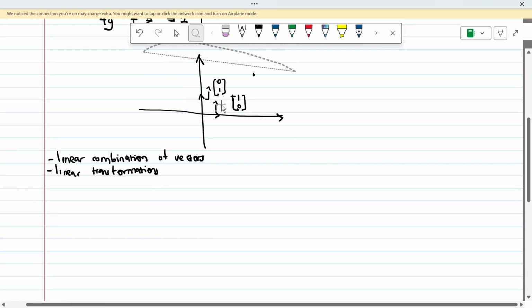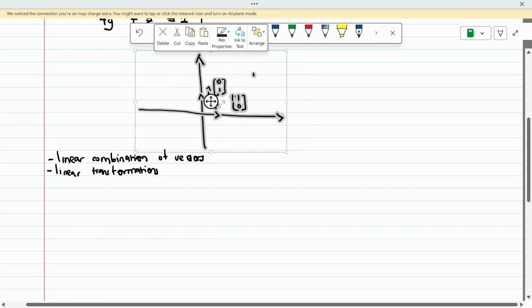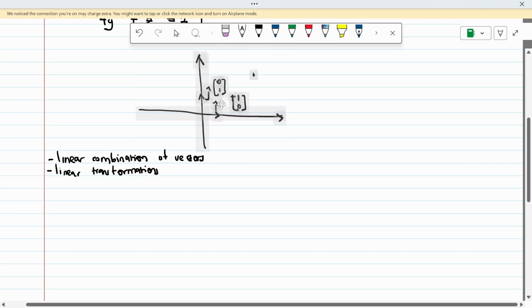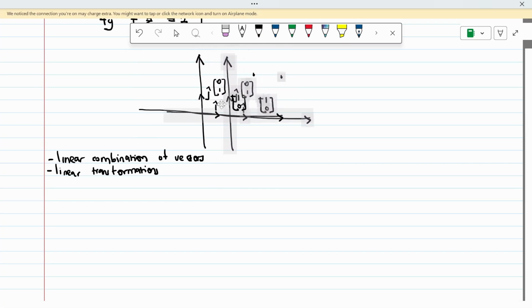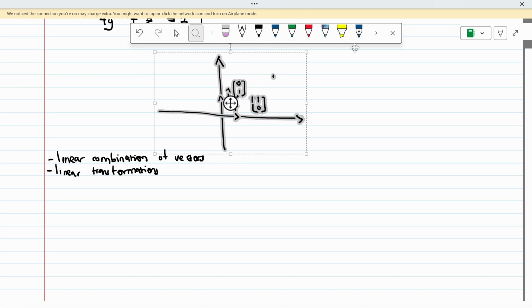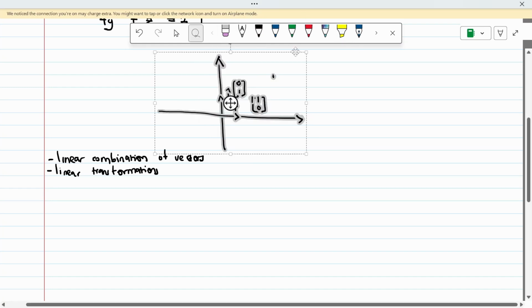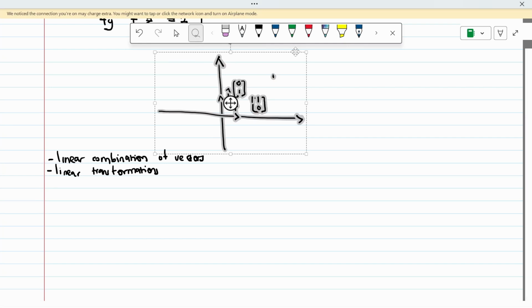A linear transformation can mean rotating this space, or simply moving this 2D coordinate system somewhere, or perhaps rotating it, or even shearing it in some way, basically manipulating space. And every time you move space, the vectors change positions.